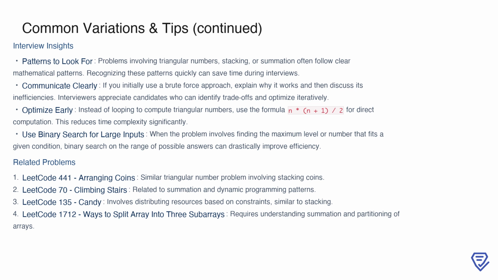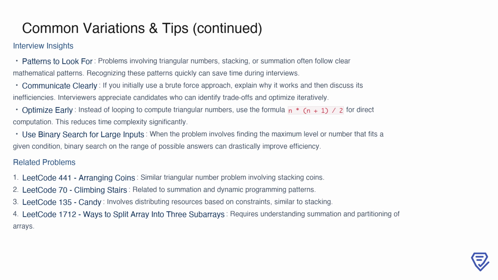Speaking of optimization, one way to improve efficiency is by using the formula n times (n plus 1) divided by 2 for direct computation of triangular numbers, instead of looping. This approach avoids unnecessary calculations and reduces time complexity. For larger inputs, binary search can be a powerful tool to efficiently find the maximum level or number that satisfies a condition.